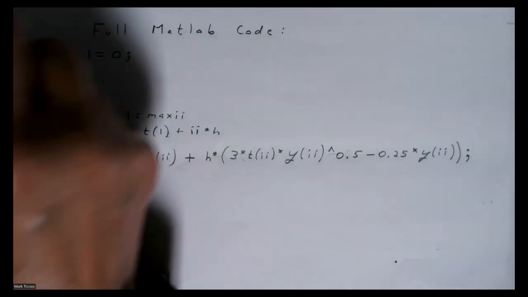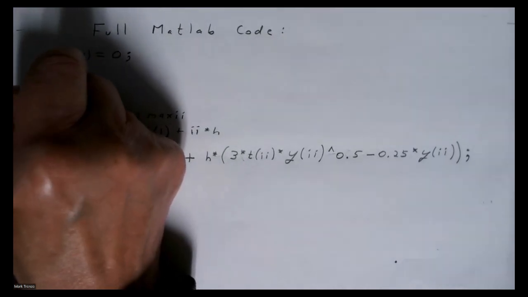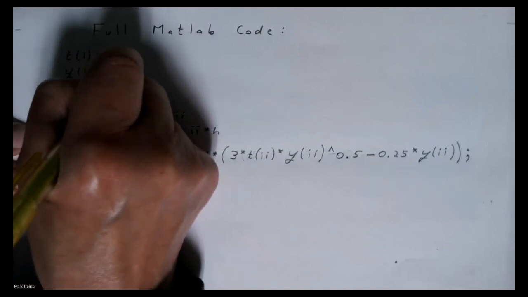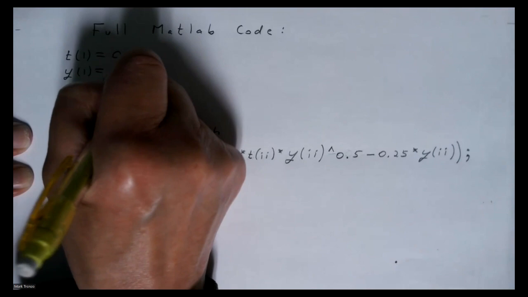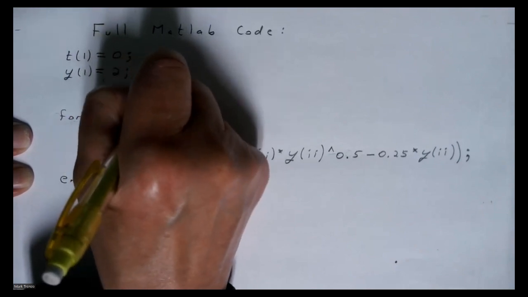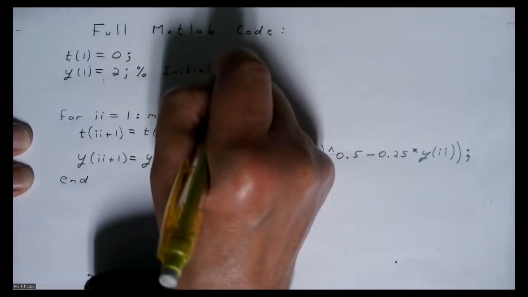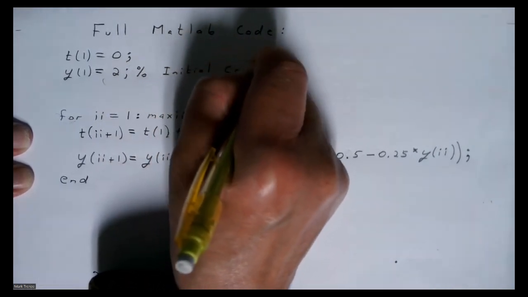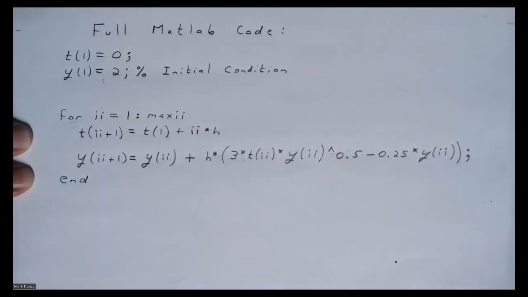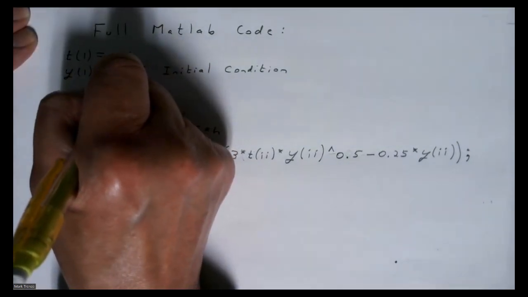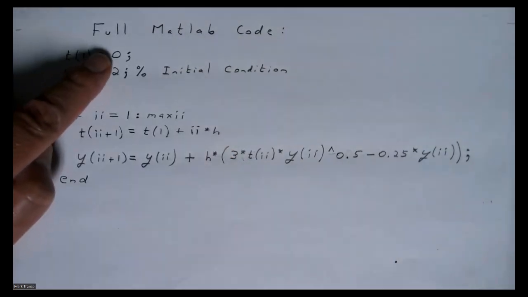Now, in this case, our initial point, we're going to call it y1, and that was 2. So this will be, say, the initial condition, which we're going to start at 1. We're going to call it 1, though it's actually going to be starting at t equals 0.